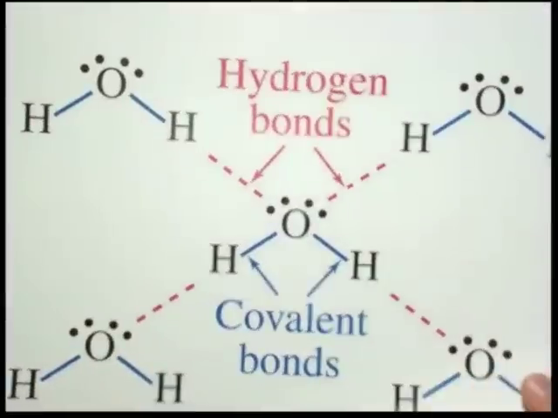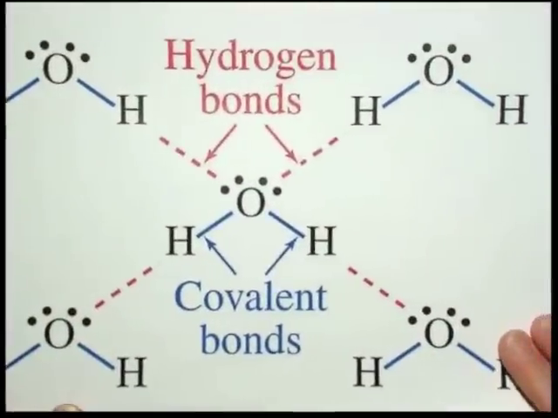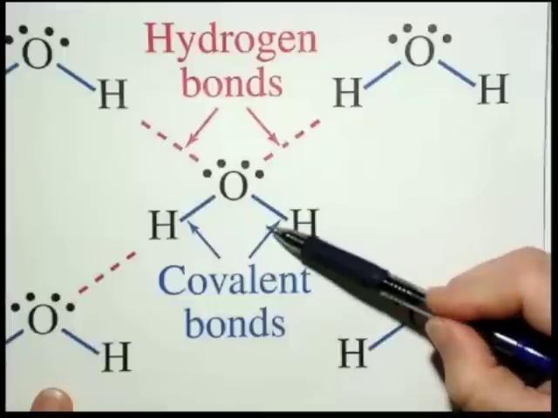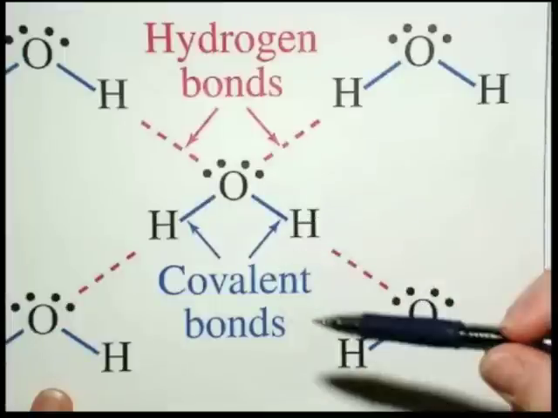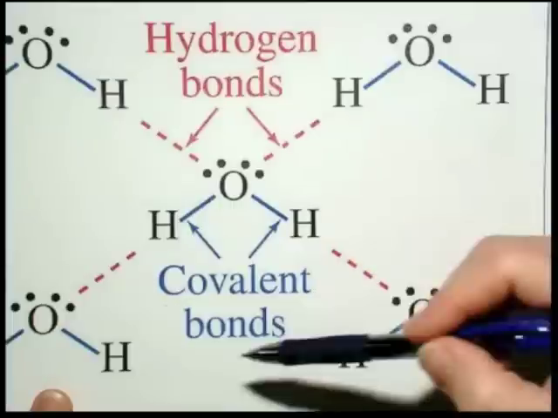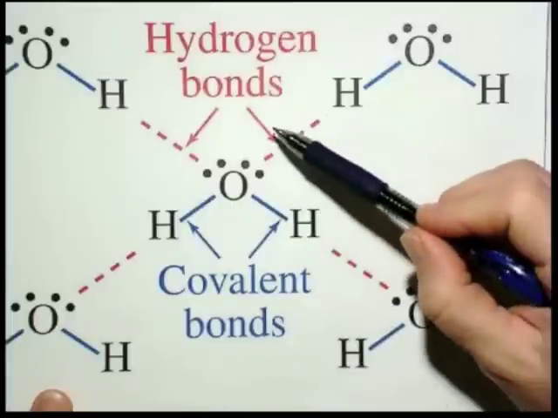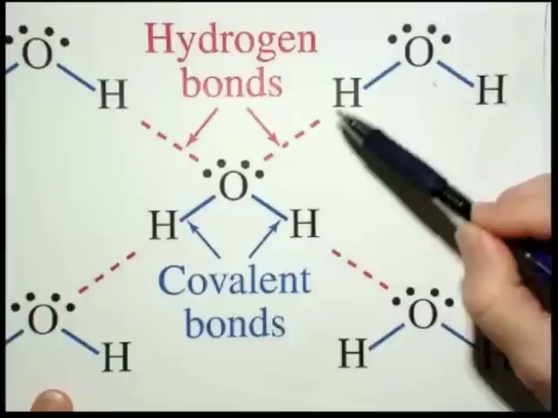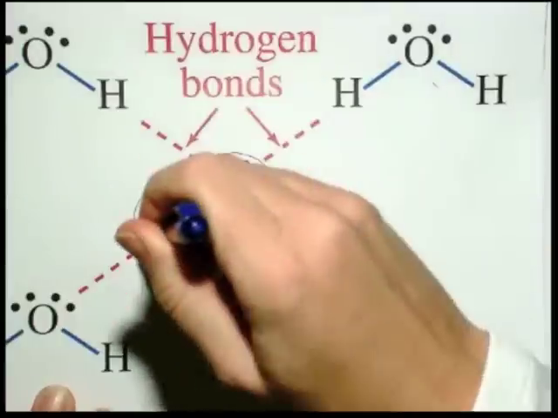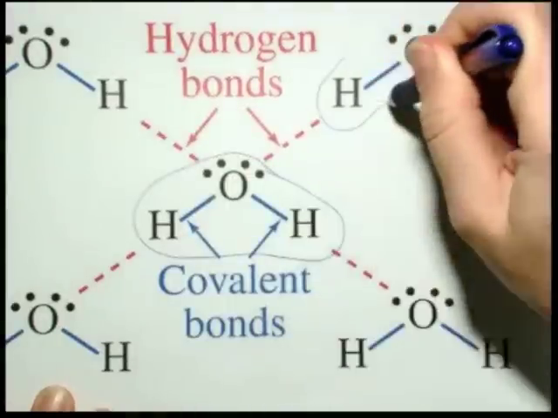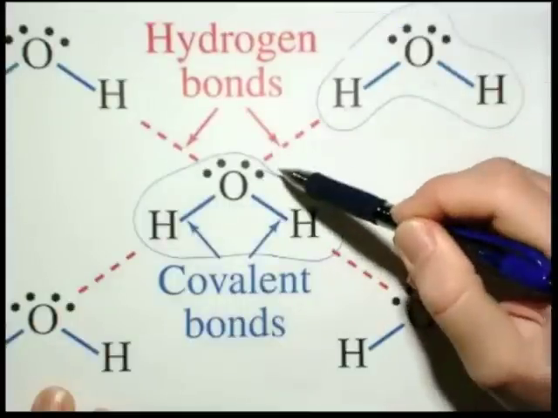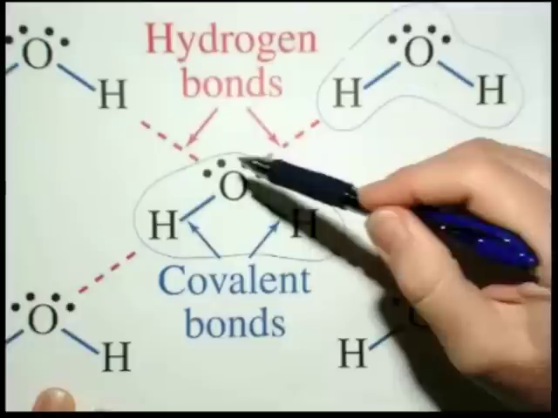Okay, here is a better picture of what you were just looking at with the water situation. In this case, the blue are the covalent bonds, so that would be the intra. And in the case of water, there's a special name for the attractive force between the individual discrete molecules. This is a discrete molecule. This is a discrete molecule. And this special force that holds these discrete molecules together in condensed phase is called hydrogen bonds.